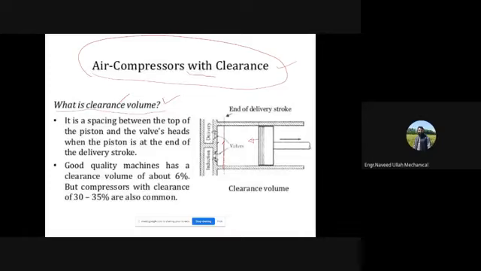When the piston is at the end of delivery stroke, right? So let's say for example ये यहाँ से आता है. Let's say for example it comes here, okay, and when it comes to this position, it has developed the required pressure. Now the movement from here to here, it will deliver that pressure, okay.